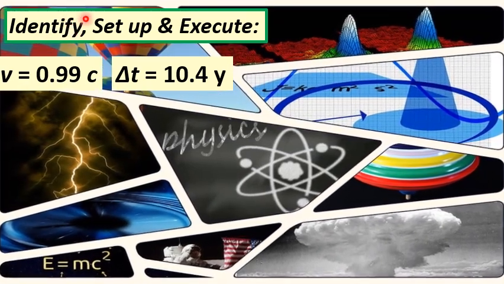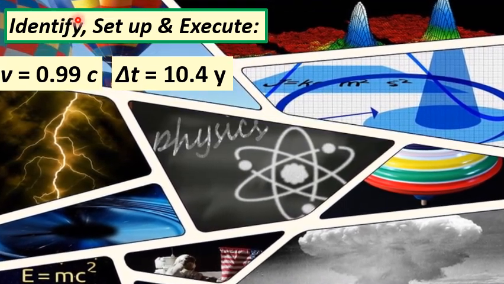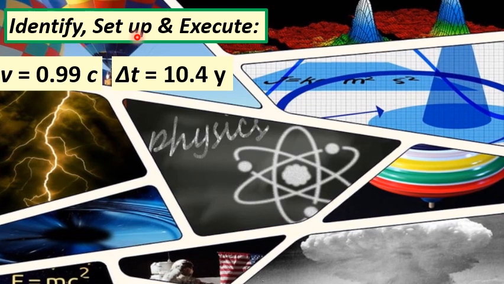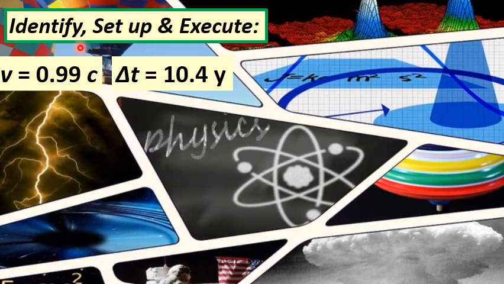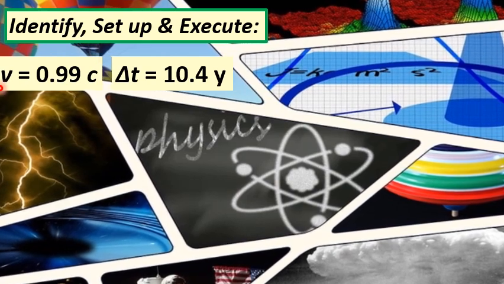Take note, this delta t is relative to an observer here on Earth, the Earth being considered as an inertial frame of reference.